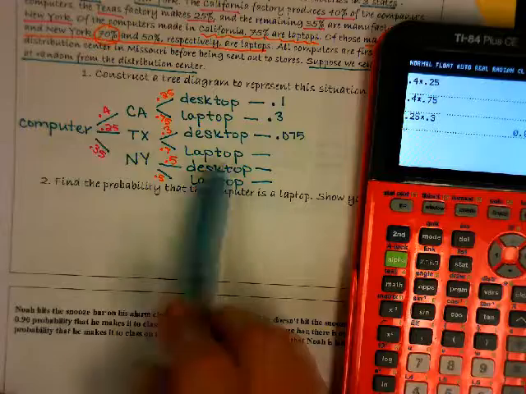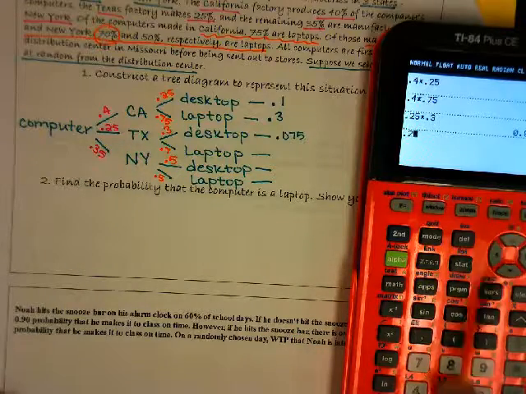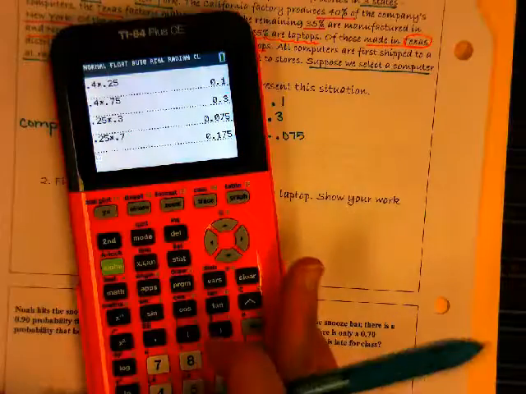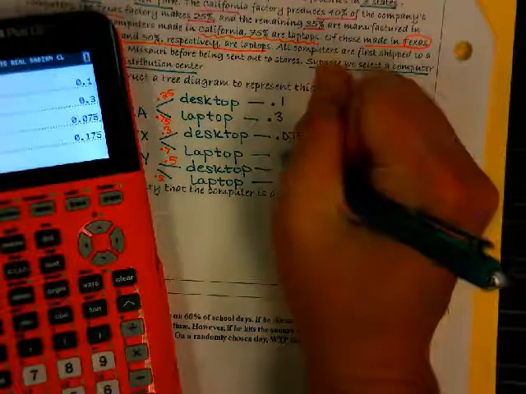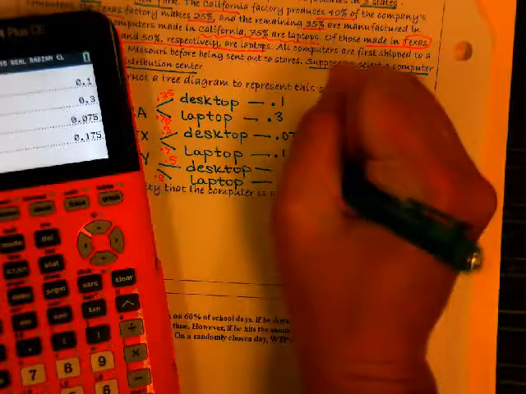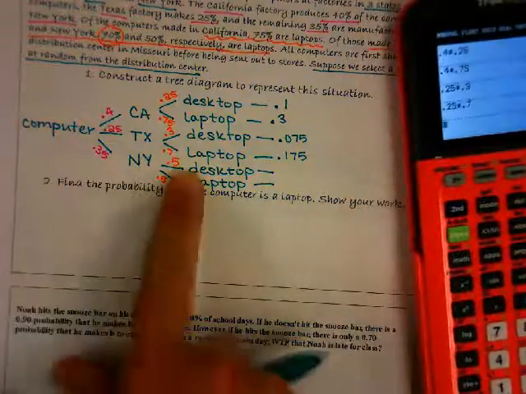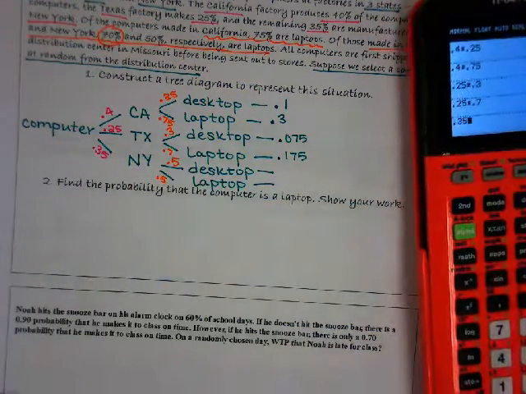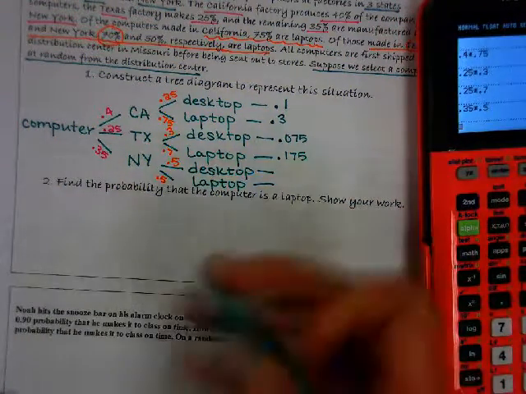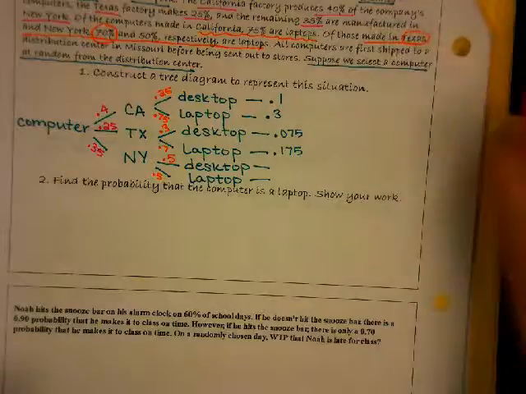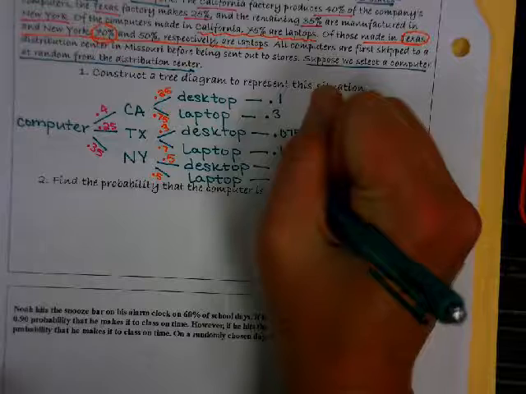And Texas laptop, 0.25 times 0.7, which is 0.175. Then New York, 0.35 times 0.5 for a New York desktop, which is also 0.175, and that will also be a New York laptop.